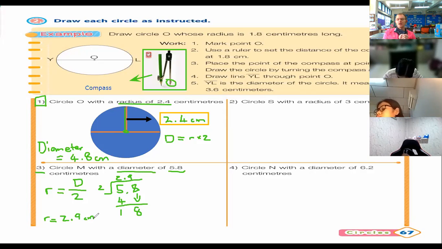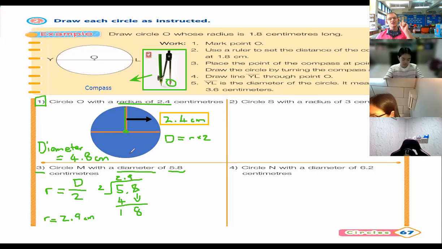So you can practice by drawing the circle. It's very difficult for me to show on the board how to draw the circle. In class, it is much easier. So those are the basic rules that we need to apply. If you want to draw a circle, we need to know either the diameter or the radius.